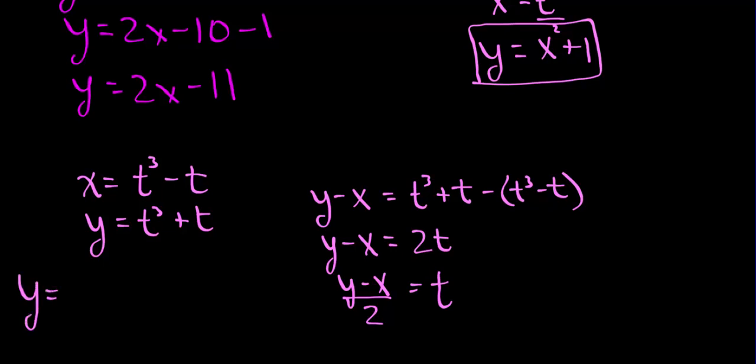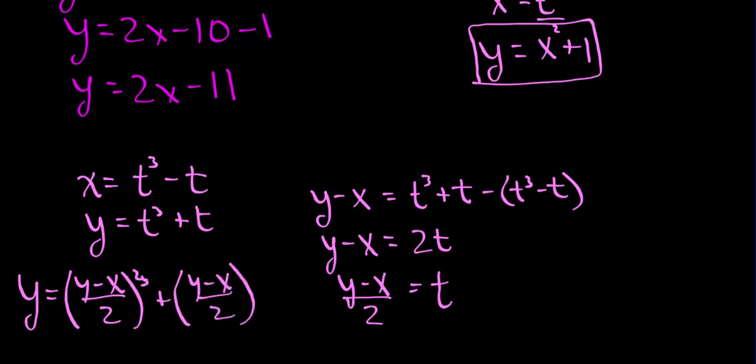In place of t, I'll just put (y minus x) over 2, cubed. So I've eliminated the parameter. A lot of times it's very straightforward. Sometimes you're required to use a little bit of cleverness. We used a little cleverness here.